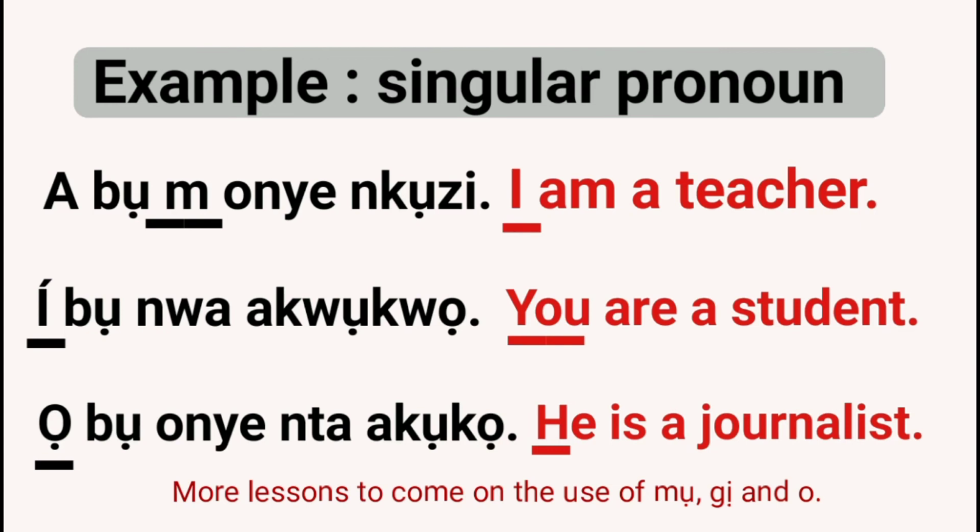Then the third one is ọ. Ọ bụ onye nta akụkọ. Ọ means he, she, and it. It is used to refer to a female, a male, an object, or even a place.